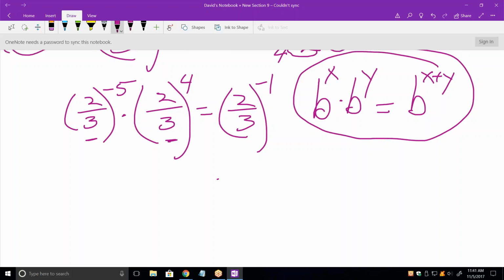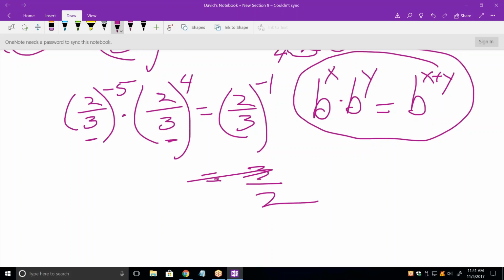So what's this equal to? It's equal to... I'm not really sure. Flip it. That's all I have to do. Oh, yeah. Okay, I remember now.